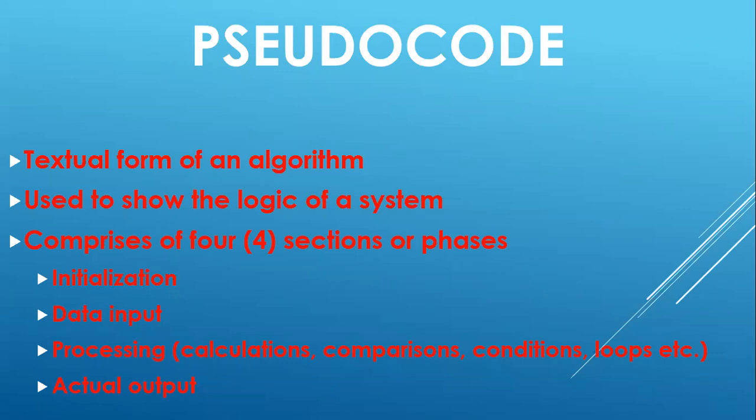In the third section, processing, all types of calculations, comparisons, conditions, and looping, every type of processing that is the duty or task of the program, is done at the third stage. And finally, after the processing, it will produce the actual output according to the values input into the system. So that is the introduction of pseudocode.